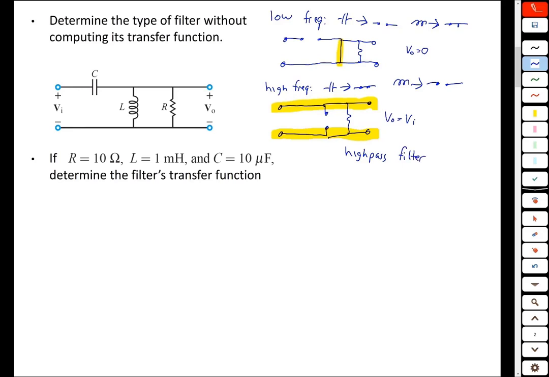In the second part of this problem, we're now actually going to calculate the filter's transfer function. So we see that the output phasor over the input phasor, which by definition is the transfer function, is what? Well, we could use voltage division like we did on the previous page. These two are in parallel.